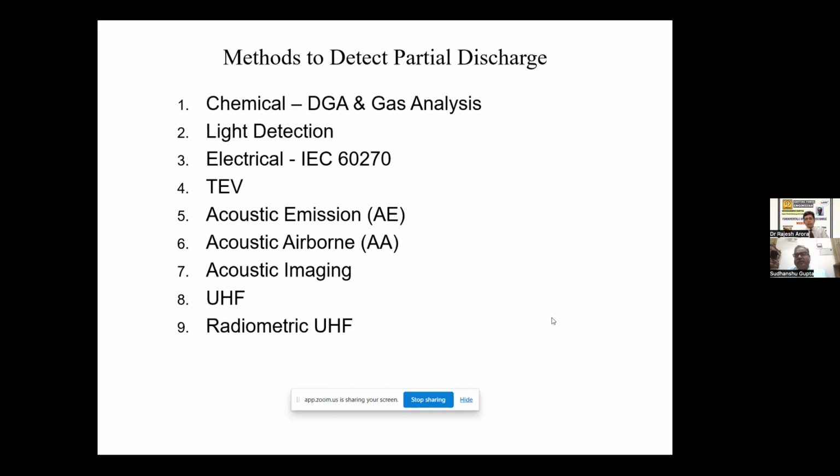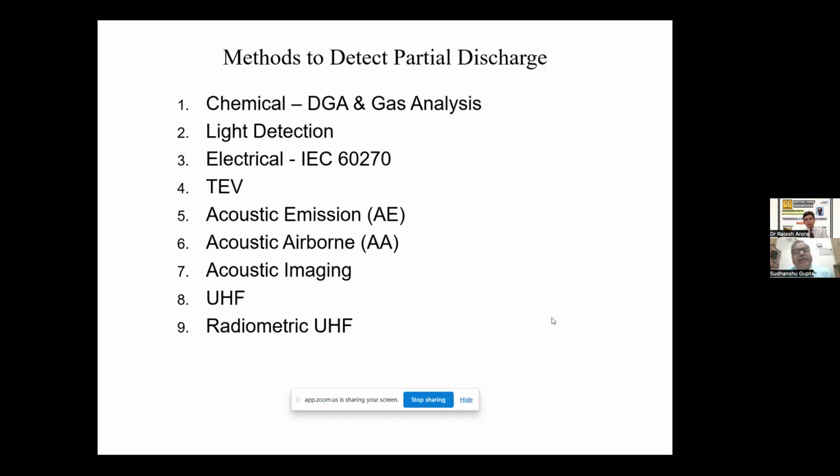Almost all the utilities depend on the DGA test. DGA tells you there is something wrong in the insulation, but it will not tell you the type of the defect, and it will not tell you the location of the defect. That is the reason chemical tests are being used as a helping tool.